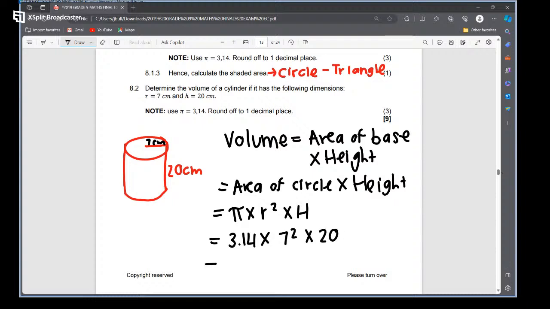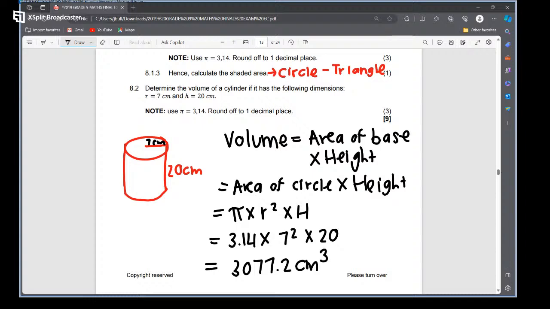So we just put that into our calculator, and they tell us to round it to 1 decimal place. So 7 times 7 is 49, times 20 times 3.14, and we get 3077.2 centimeters cubed. Volume is a 3D shape, so it has a 3.